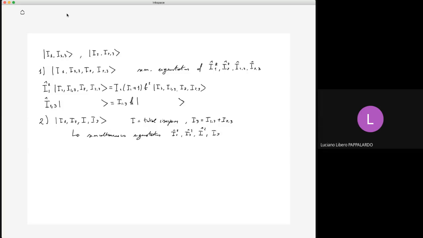Again, let me give you some example. So again, we start with I1 squared. This is now our eigenstate, I1, I2, I, I3. And then we have I1 times I1 plus 1 h bar squared, and then we have our eigenstate I1, I2, I, I3.